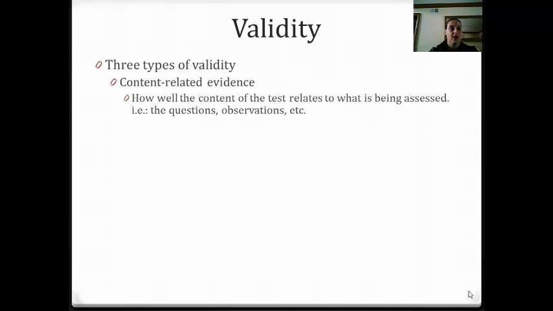Okay, so we have content-related evidence, which refers to how well the content of the test relates to what is being assessed, right? So, in other words, the extent to which an assessment procedure adequately represents the content of the assessment domain being sampled. So the questions, the observations, is it really valid as a test of whatever you're trying to test?